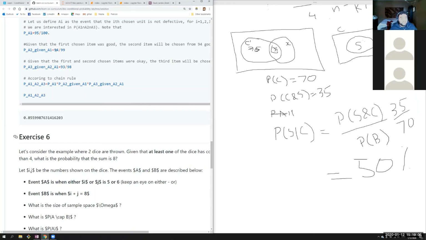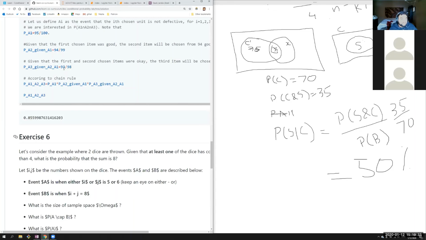That's going to make it 94 out of 99, because we have 99 things left to choose from, and the one we already picked was not defective, so that also reduces the number of non-defective items in the group. Leaving us with 99 total items and 94 that are not defective.